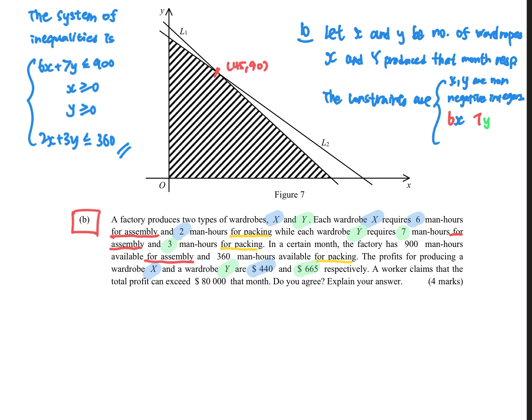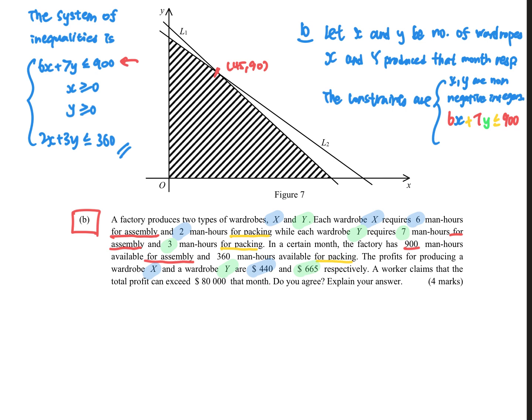The total number of man-hours for assembling all the wardrobes X and Y should be less than or equal to 900. So that would be the first inequality in part A. And then we have the packing part.